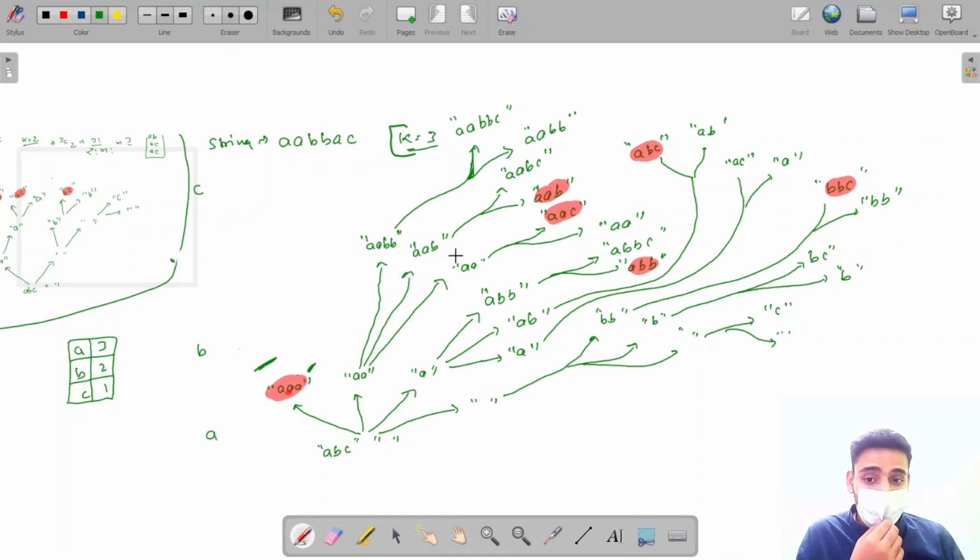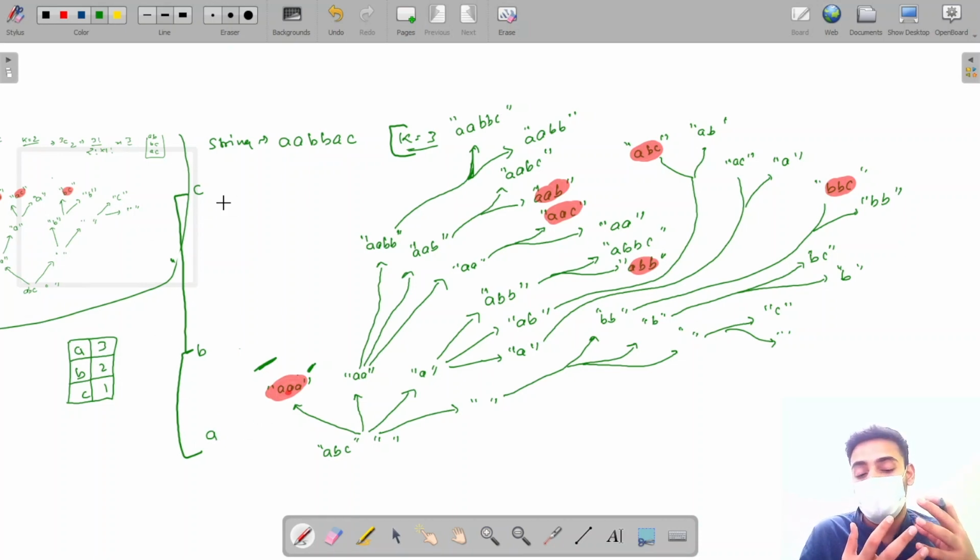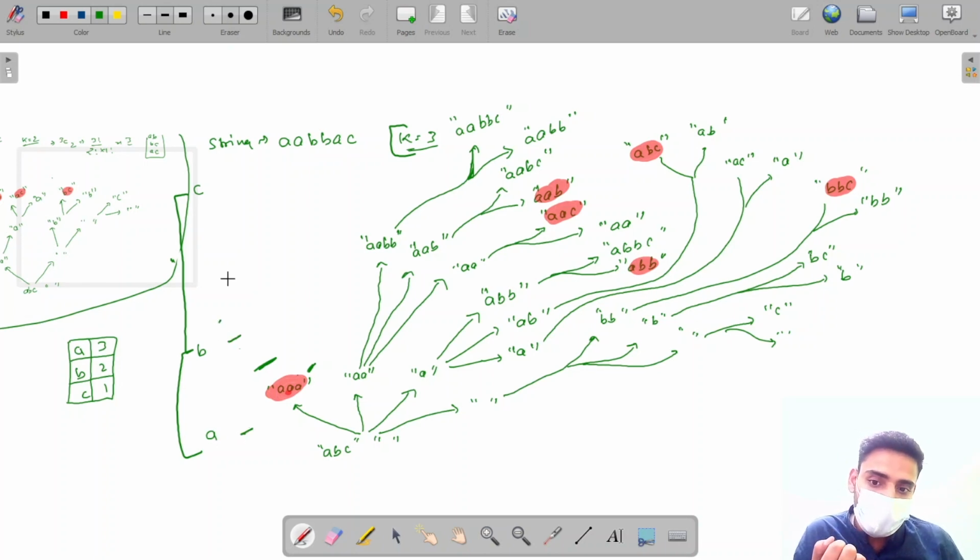The second base case is if I have 3 unique characters, and I have made a call for all 3 of them, then I need to stop. It would be like I have to make the call 3 times inside a recursion.